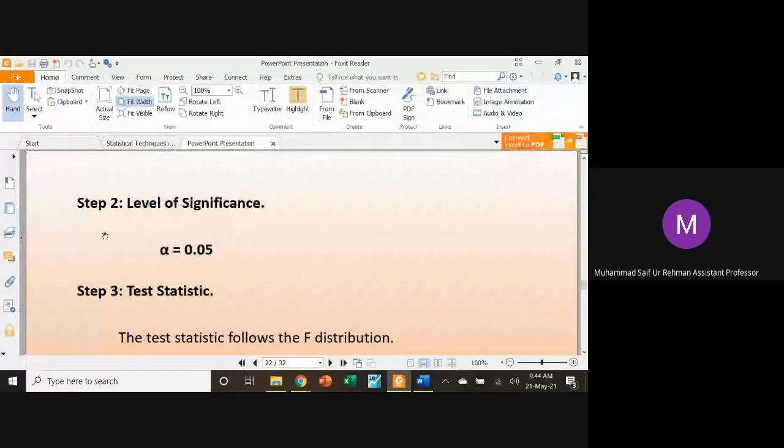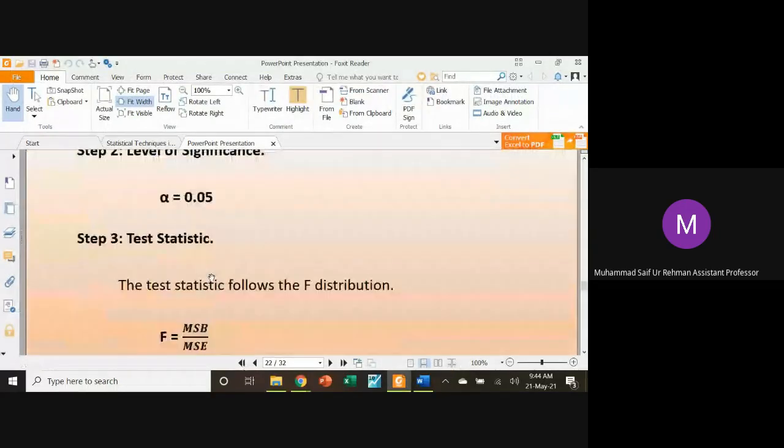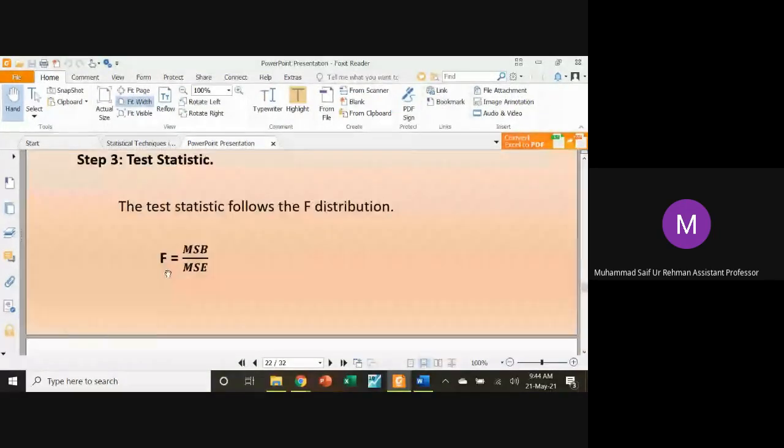Okay, then you will write down level of significance, test statistic. This is test statistic, MSB over MSE. So this is the same, MST you can write down, mean square for treatments and mean square error, or you can also write down MSR, mean square for regressors, and mean square for error. So same as I have done in this case.